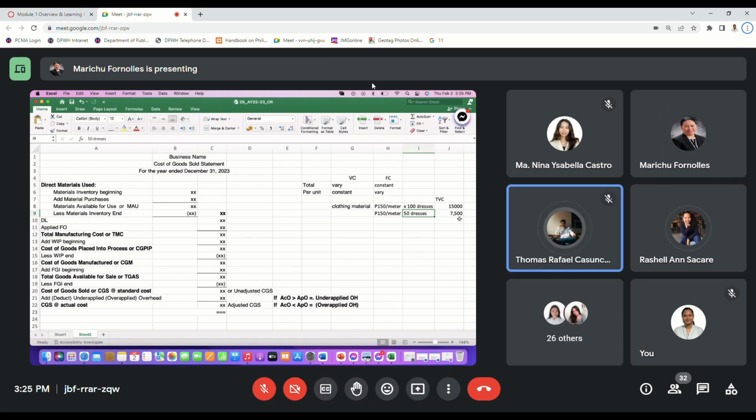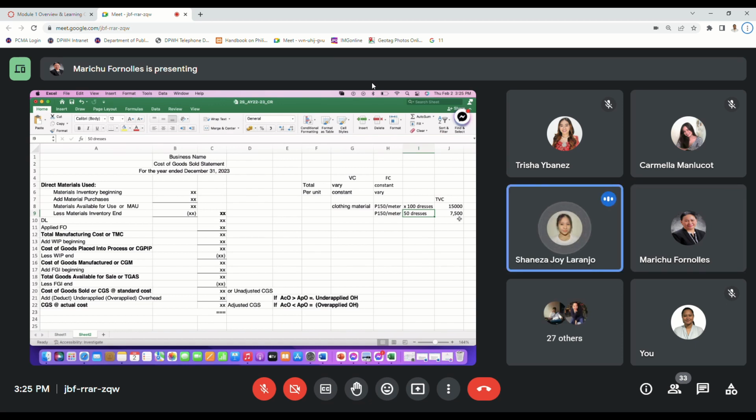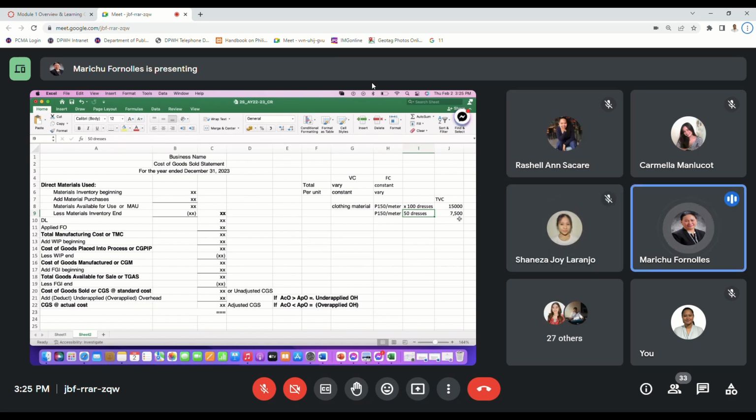Yes. So is it 33 pesos and 33 cents? Or is it 33 centavos per unit produced? 33 centavos. It is 33 centavos per unit. So that is your fixed cost per unit.